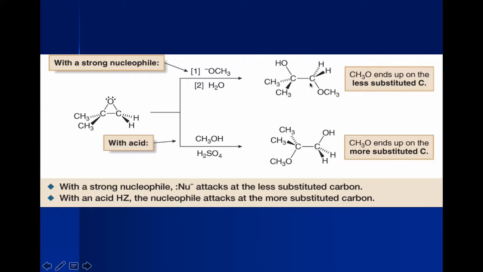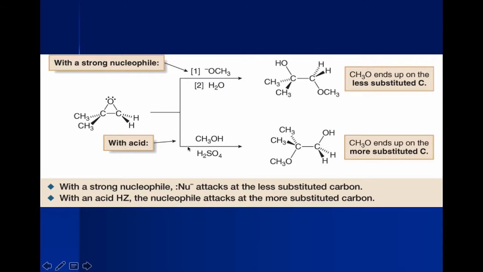Okay. So here's an example where you're taking our unsymmetrical epoxide. Under the top conditions, what you'll see is in step 1, it's methoxide. So this is clearly under basic conditions. So the alkoxide will attack the least substituted carbon, and you'll end up with this product after workup.